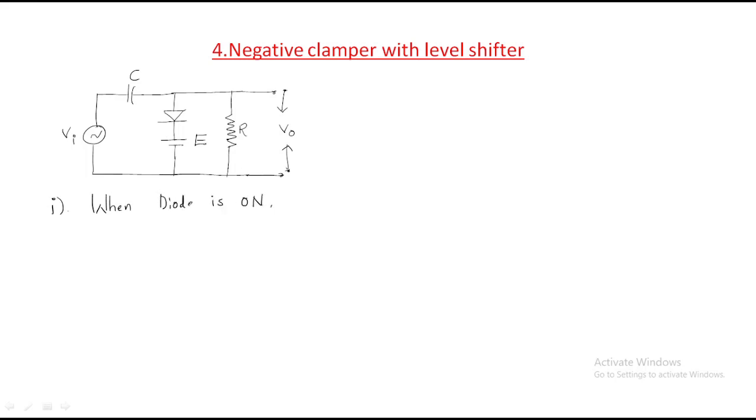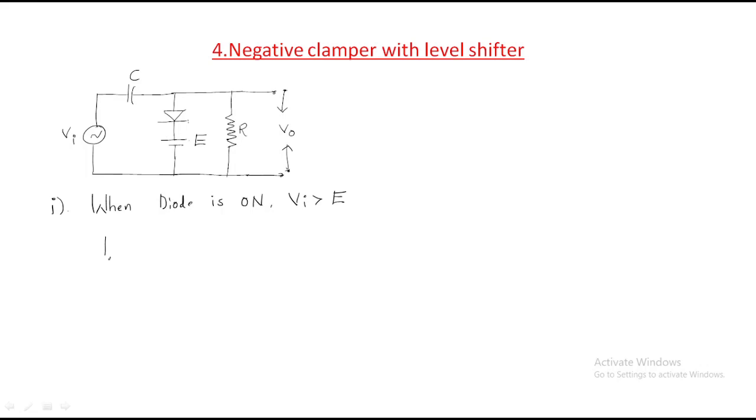The diode can be on whenever the input voltage is more than E, because at this terminal we have the voltage E, but the positive terminal must be more than E. That's why the input voltage must be greater than E. E means some biasing voltage. At that condition, the circuit becomes like this.